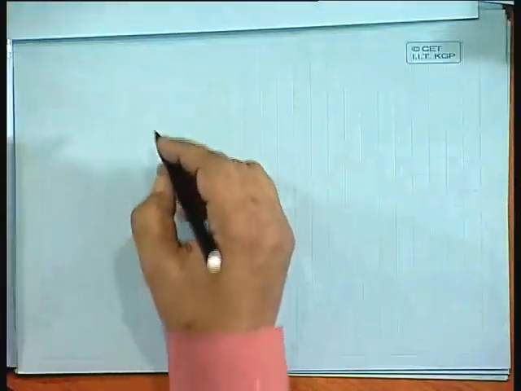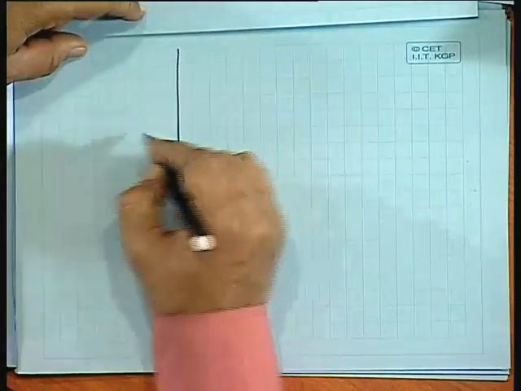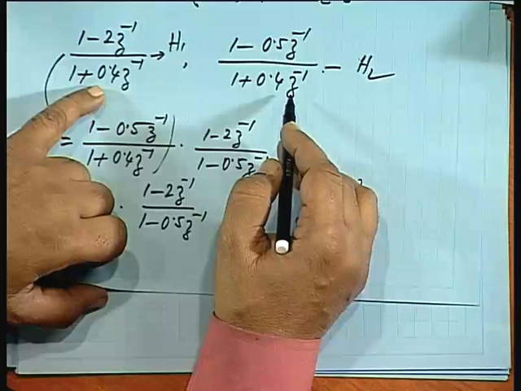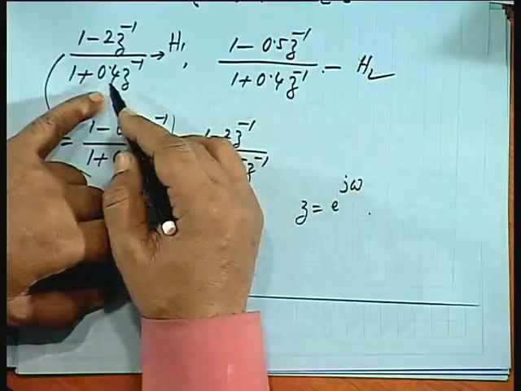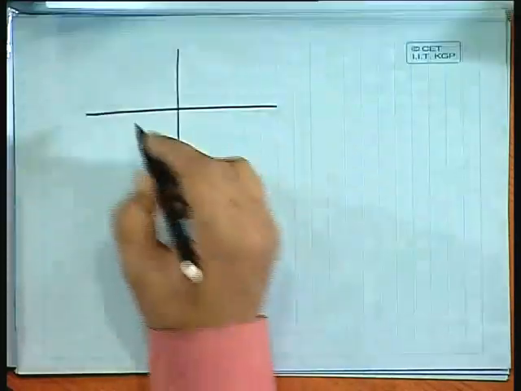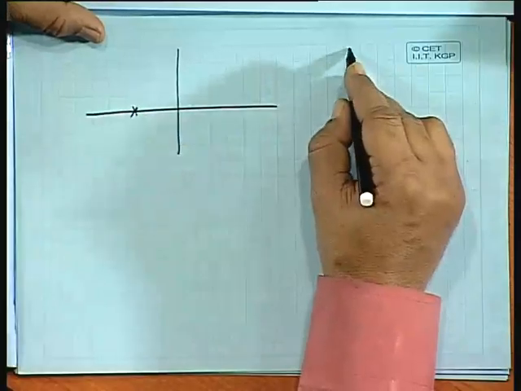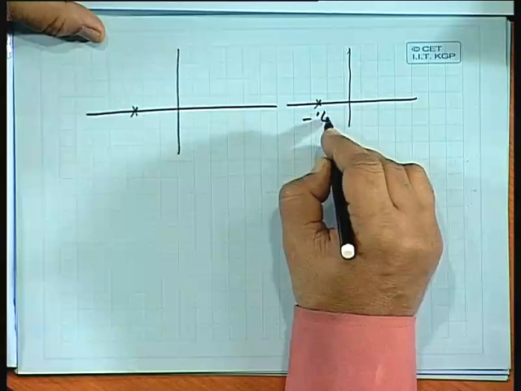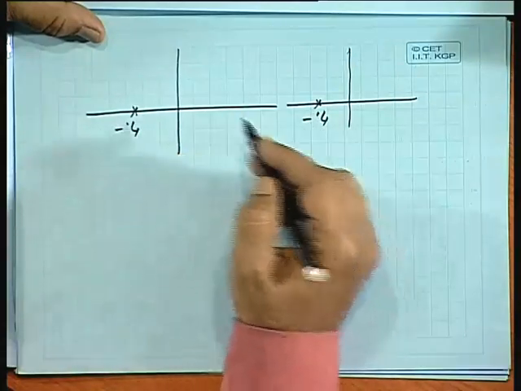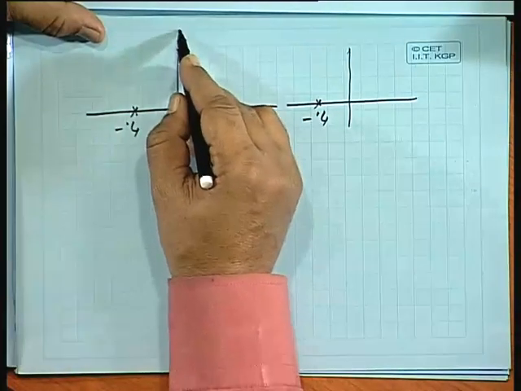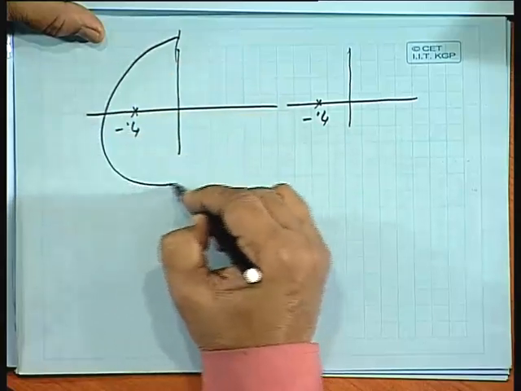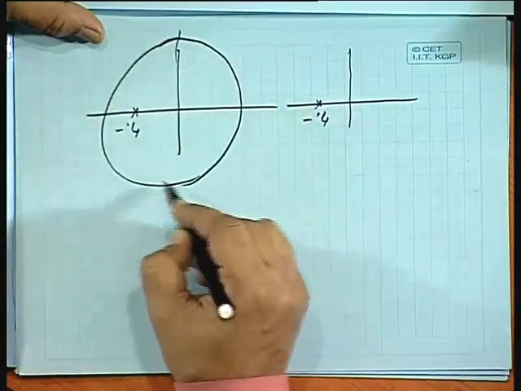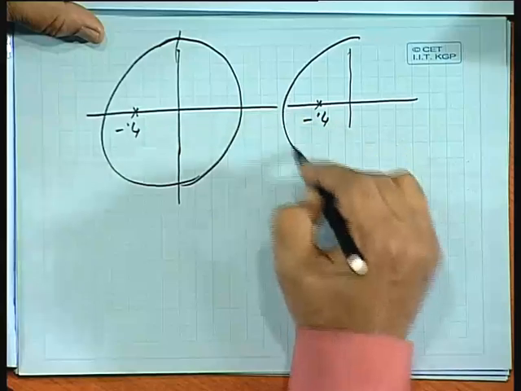Now, for the first function, what are the roots? Poles are identical, all right, 0.4, minus 0.4 and minus 0.4 in both the cases. So, this is the unit circle, it is not very much to the scale, this is the other unit circle.